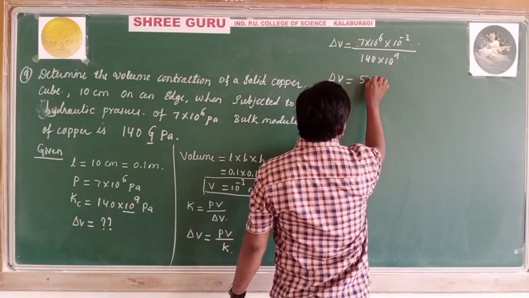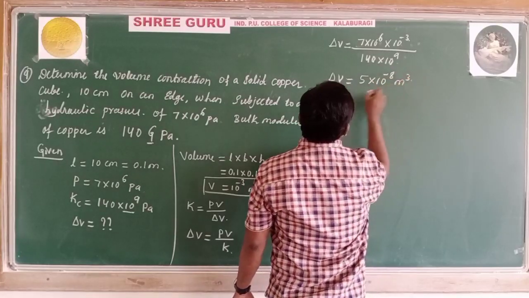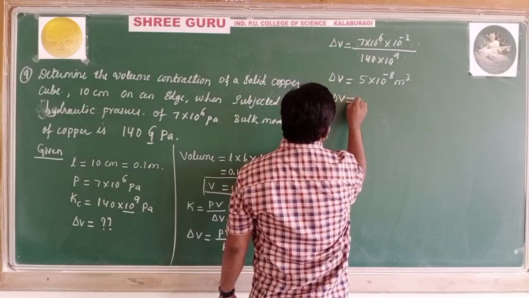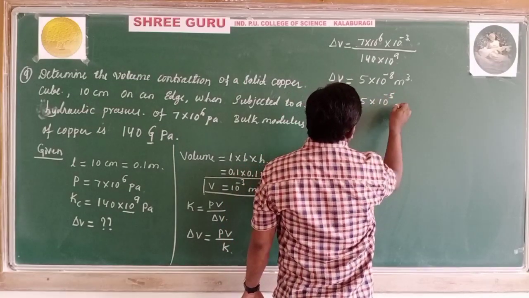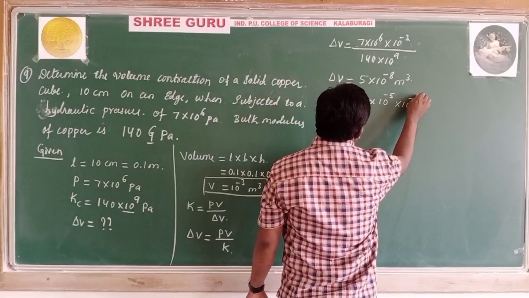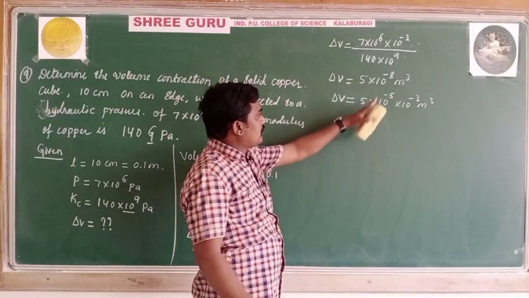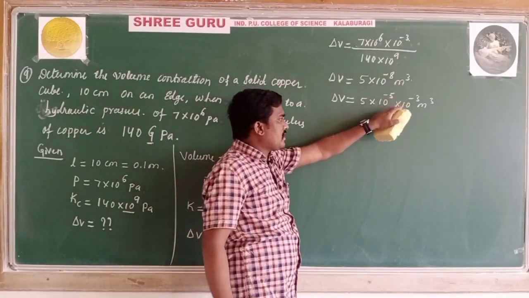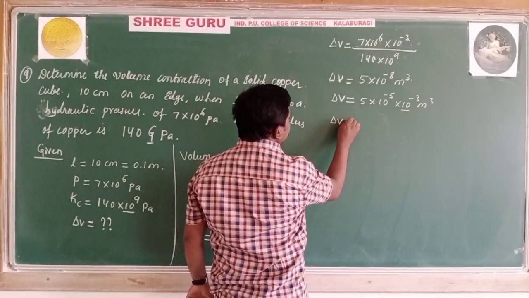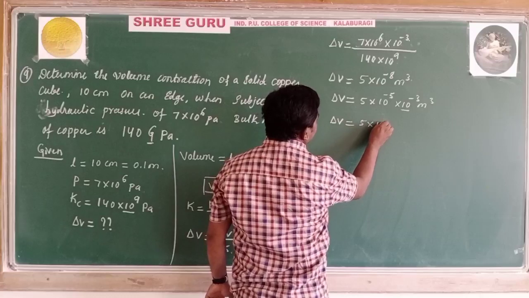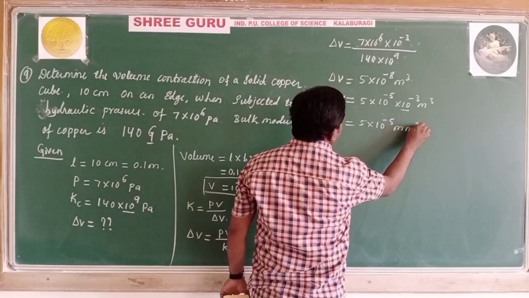5 into 10 raised to minus 8 meter cube. We can also say the change in volume equals 5 into 10 raised to minus 5 into 10 raised to minus 3 meter cube, splitting 10 raised to minus 8 into minus 5 and minus 3. 10 raised to minus 3 is nothing but milli, so the change in volume is 5 into 10 raised to minus 5 millimeter cube.